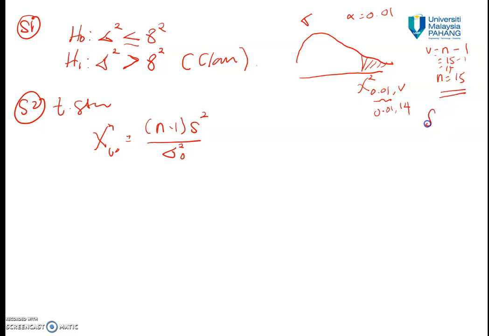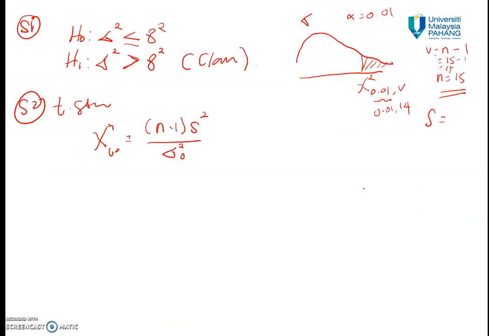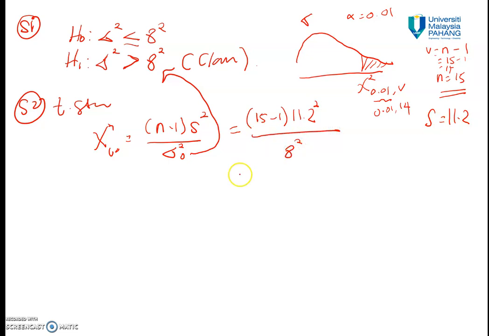Your s is what, from the question? 11.2, isn't it? And then your sigma naught is this one. So you substitute the values into the formula. You get 15 minus 1, times 11.2 square, because this is S only, divided by 8 square.